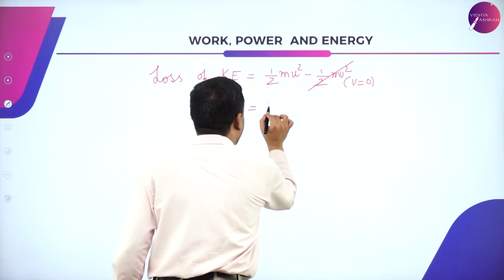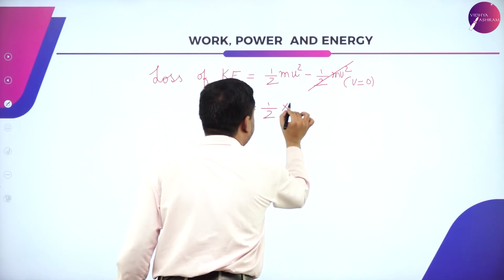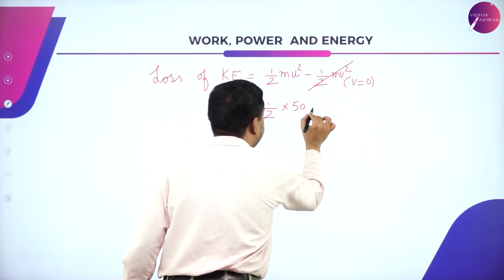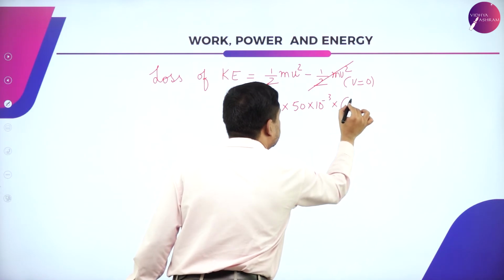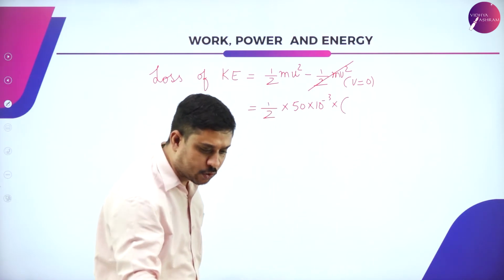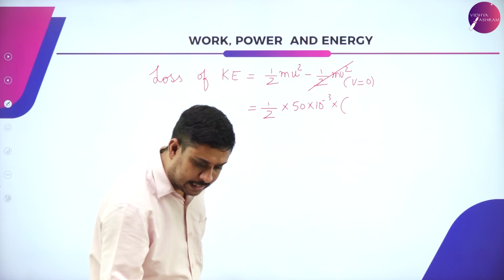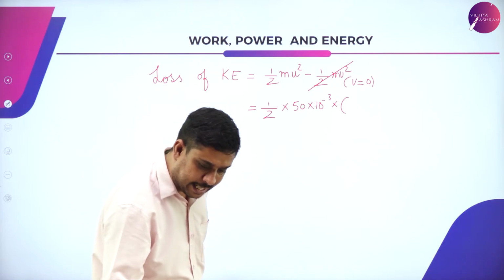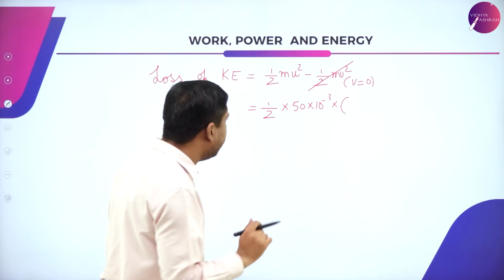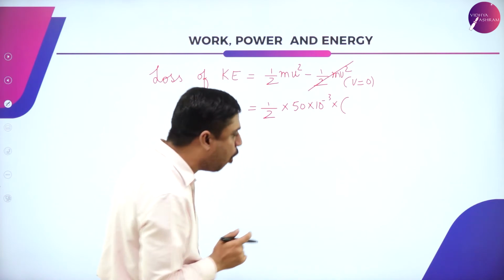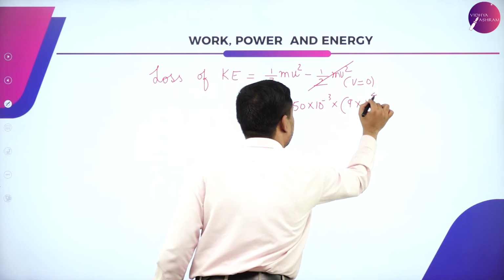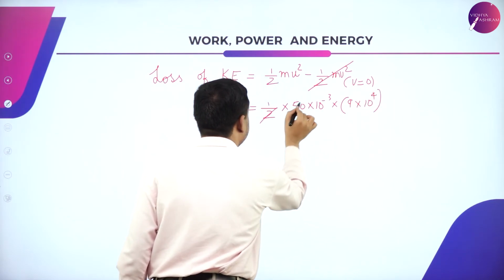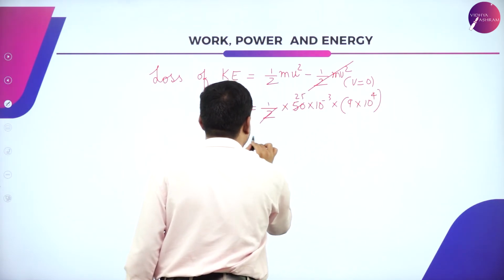So this is half into 50 into 10 power minus 3. U square is 300 square. So 300 square gives me 9 into 10 power 4. So this goes 25 times.